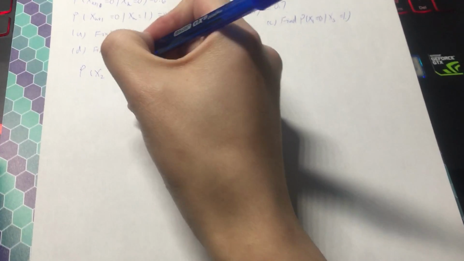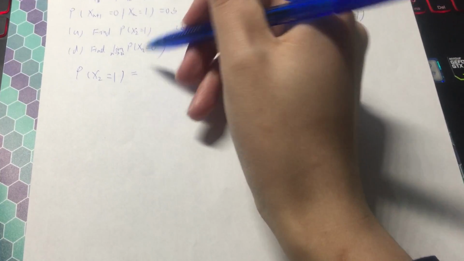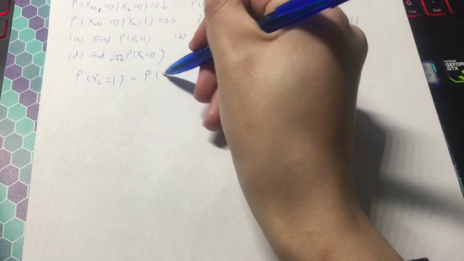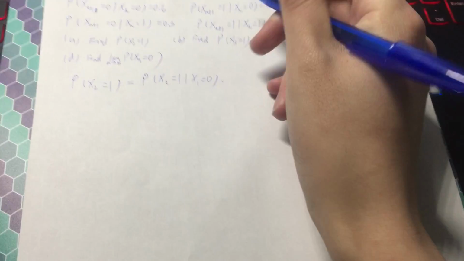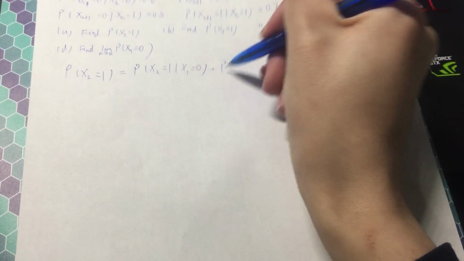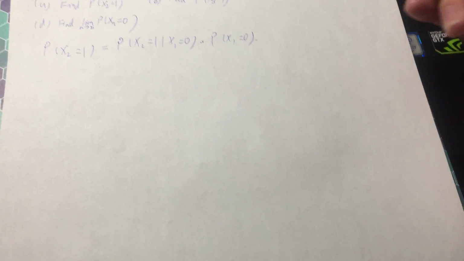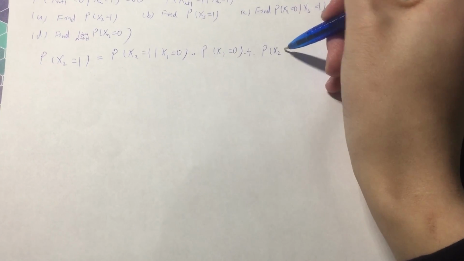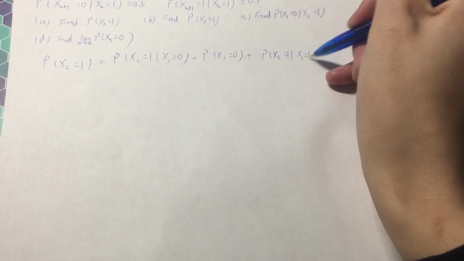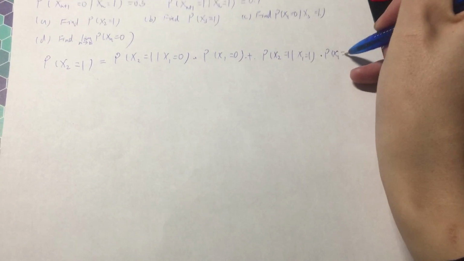P(x2 = 1) equals P(x2 = 1 | x1 = 0) times P(x1 = 0), plus P(x2 = 1 | x1 = 1) times P(x1 = 1).